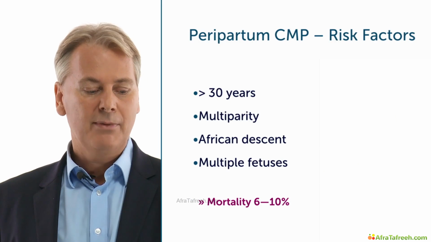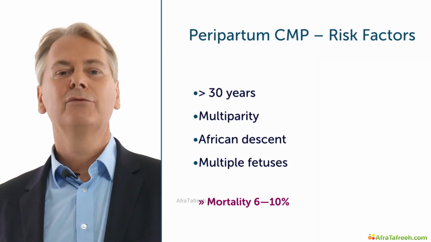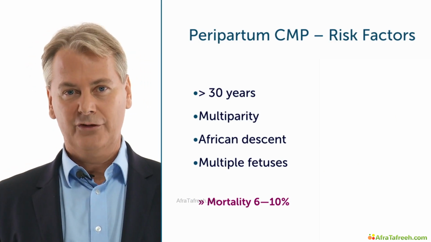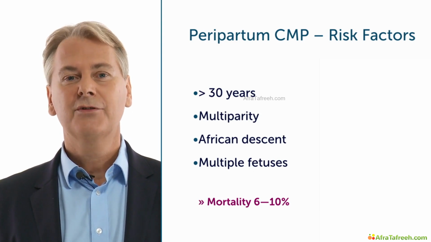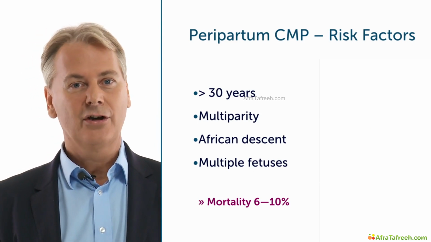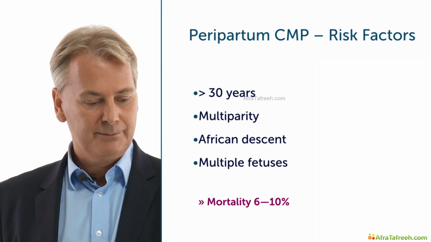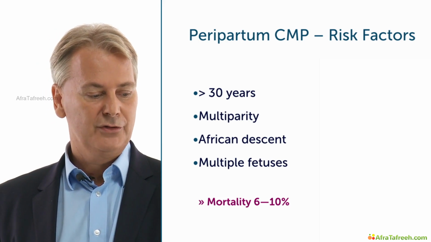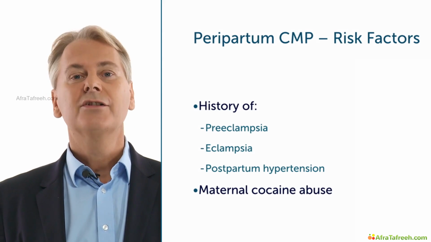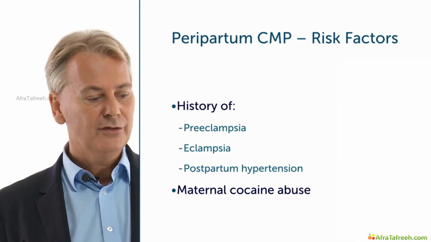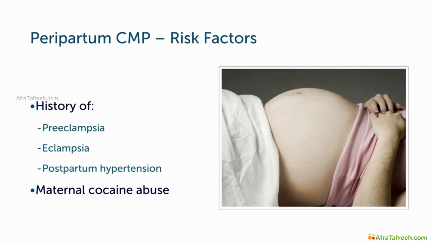And usually about 50% of patients then revert to a normal left ventricular function after birth. 50% then stay with a dilated cardiomyopathy, and a number of patients will need acute treatment because they have acute heart failure. What are some other important risk factors? It's preeclampsia and eclampsia, as well as postpartum hypertension should also be considered, as well as maternal cocaine abuse.